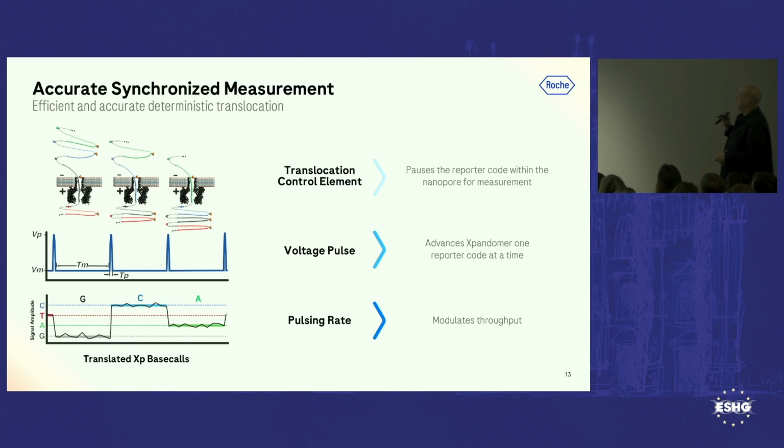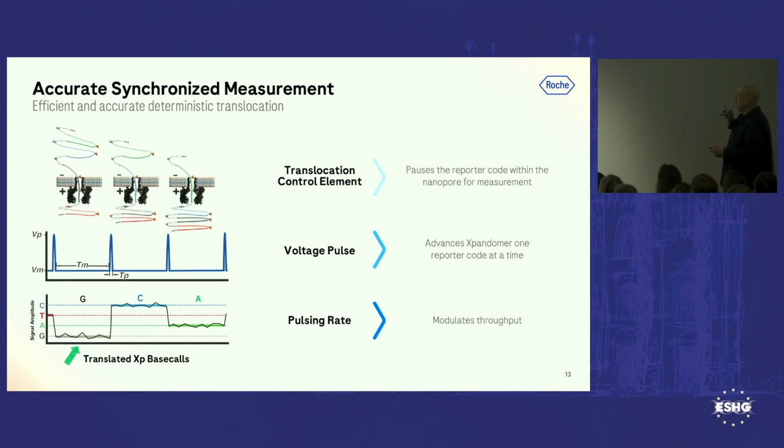Another key element, as I mentioned, was translocation control. You can see that little green triangle, green arrow pointing to the triangle there holding an expander in place. It's on the barrel side of the nanopore embedded in a bilayer, so you can see it kind of holding it in place so you can get good statistical sampling at a base voltage, so you can get that signal that you see with that green arrow showing where the G base is.